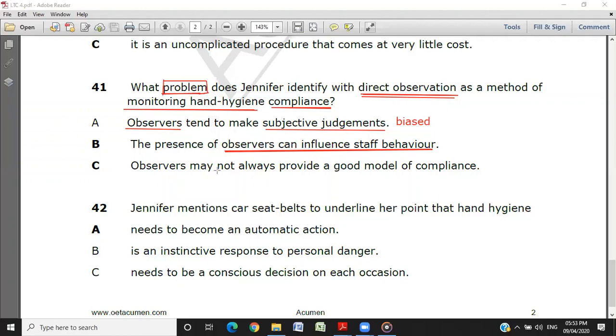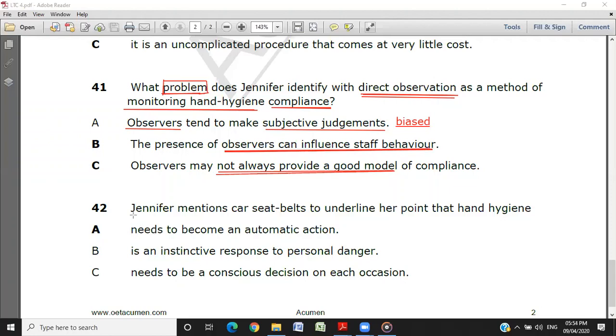And observers may not always provide a good model. So what is the problem? Is it the observer that is the problem? Then you can have either A or B. If the observers make biased judgment, then A. If they don't provide a good model, C. But if observers are not the problem, but the staff's behavior changes because of observers, then it could be B.